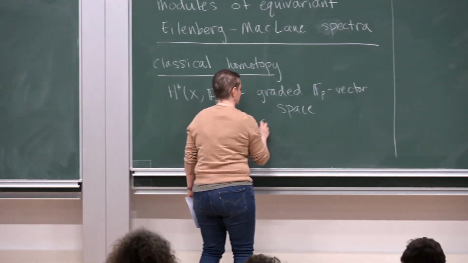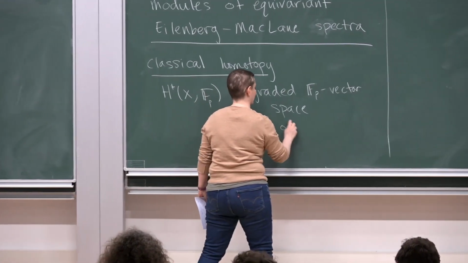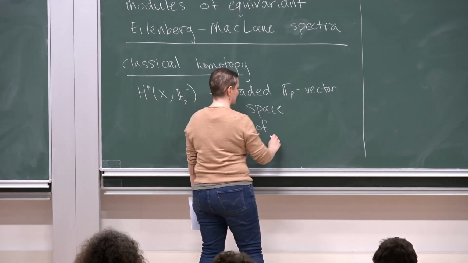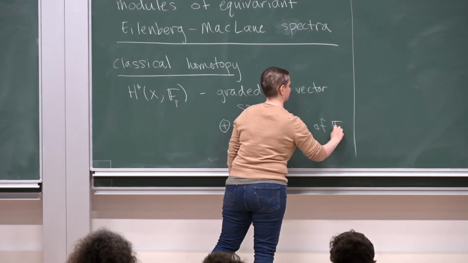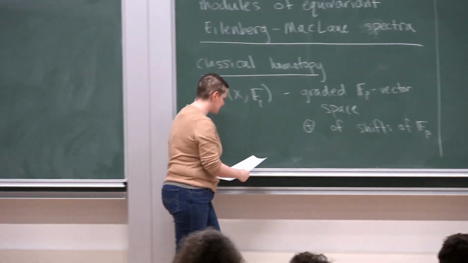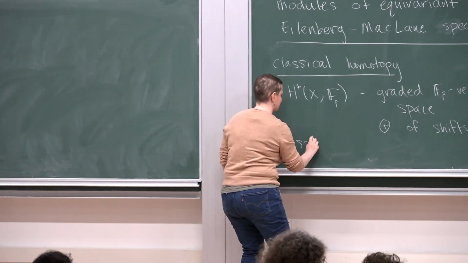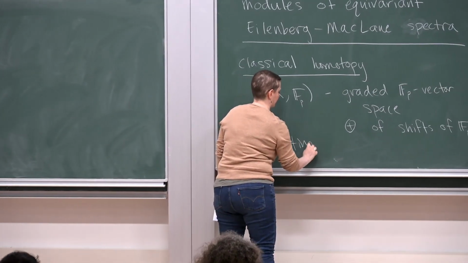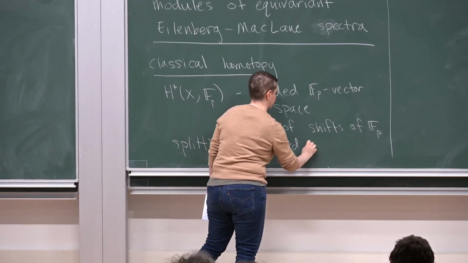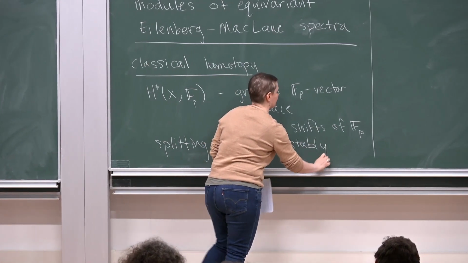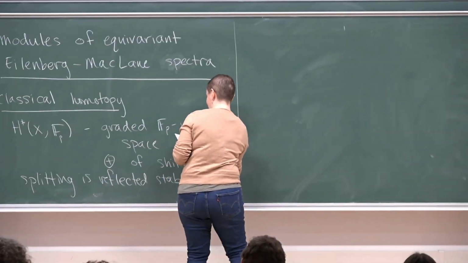And just to emphasize what this means, I have a direct sum of shifts of FP. Okay, and this splitting is reflected stably. So what do I mean by that?